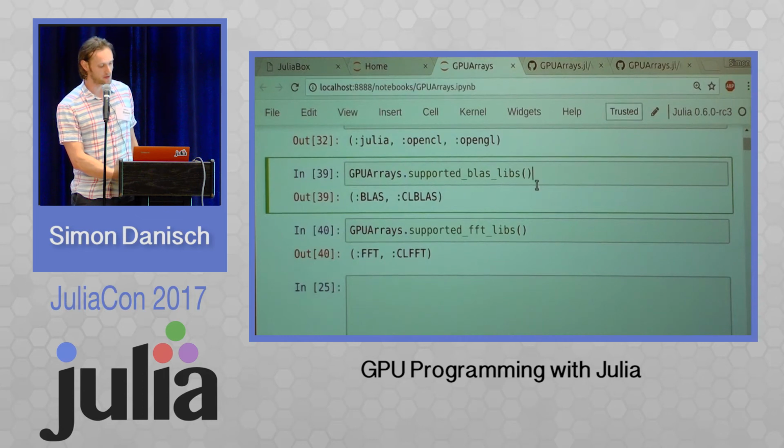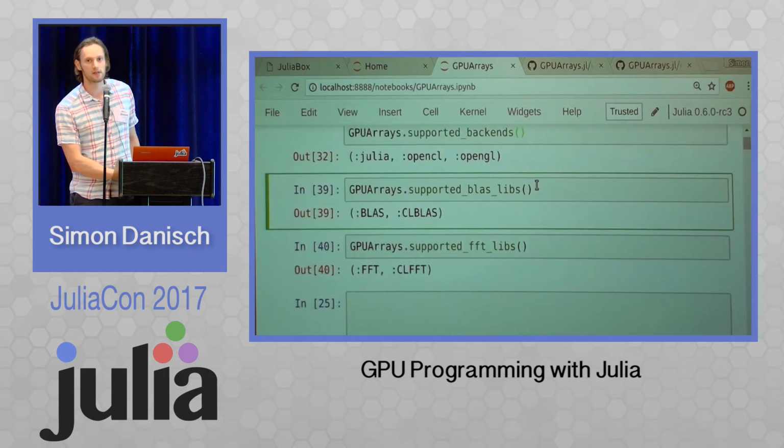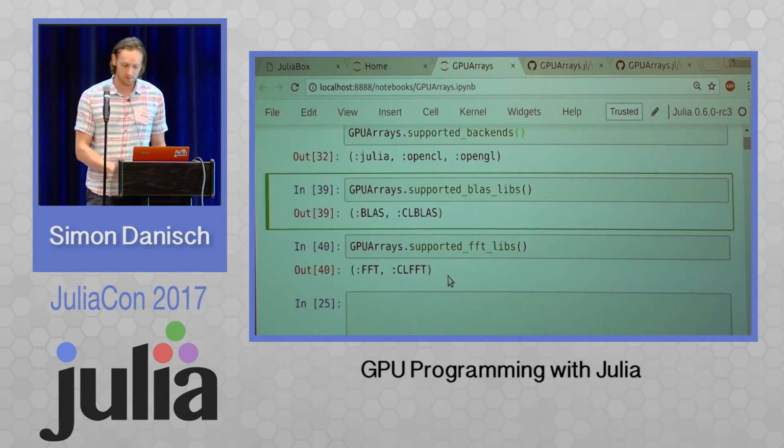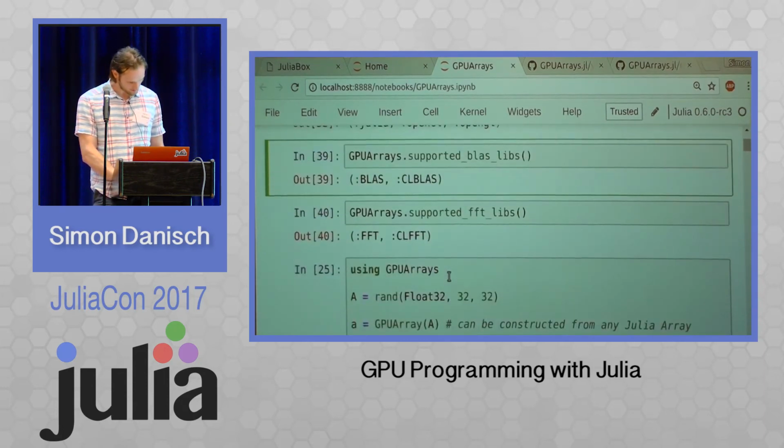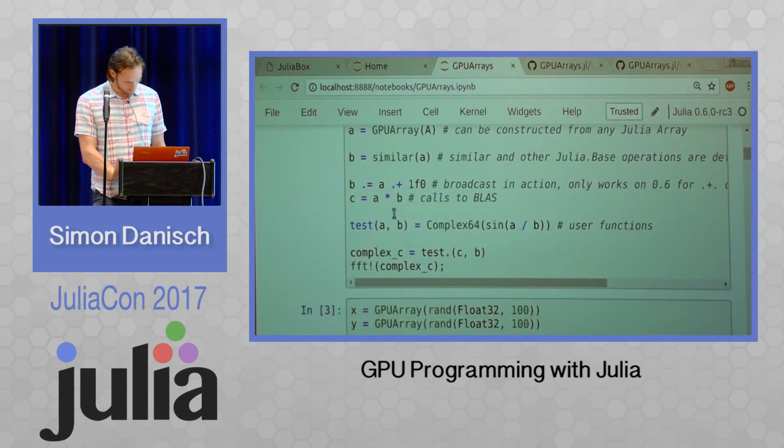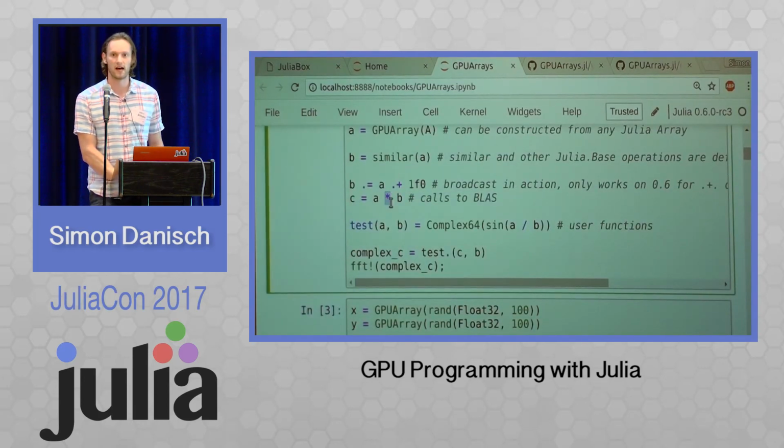What I also have included in GPUArrays are the higher level GPU packages like CLBLAS or CLFFT, or the equivalents for CUDA, CUBLAS and CUFFT, which offer BLAS and FFT functionality. And I try to make a very similar integration as in Base, where, for example, the multiply just directly calls BLAS.